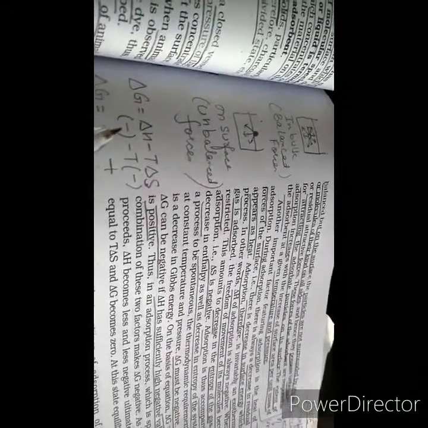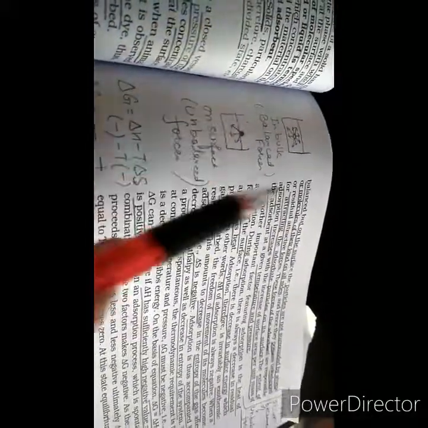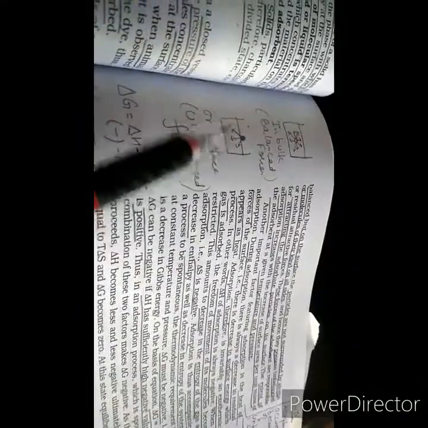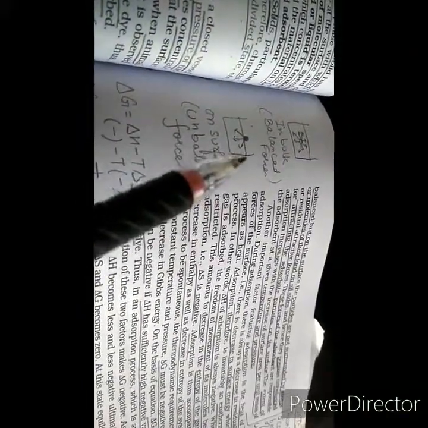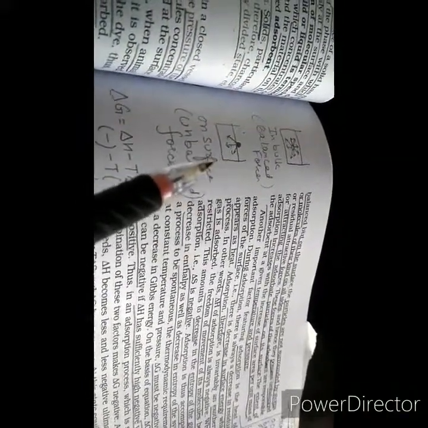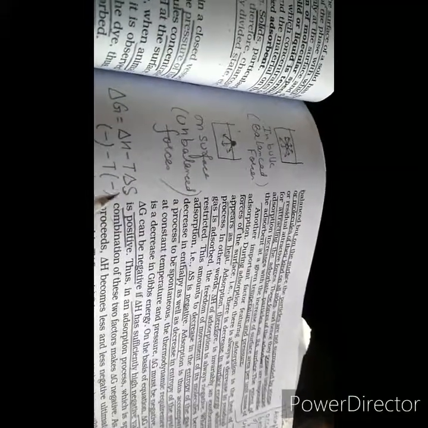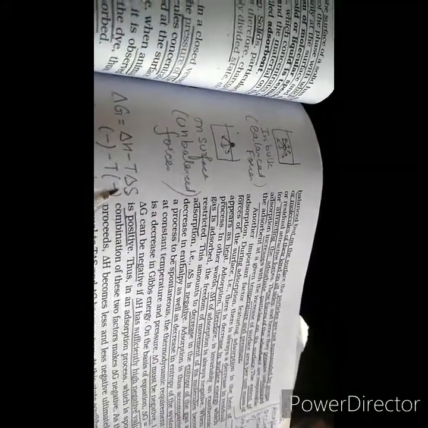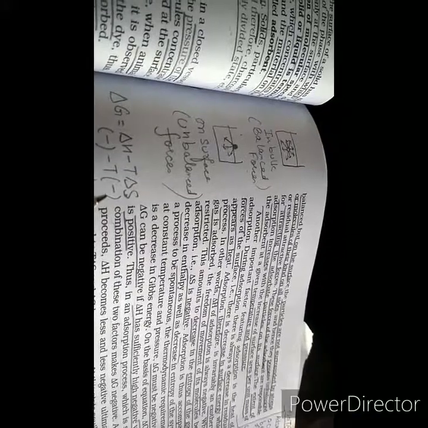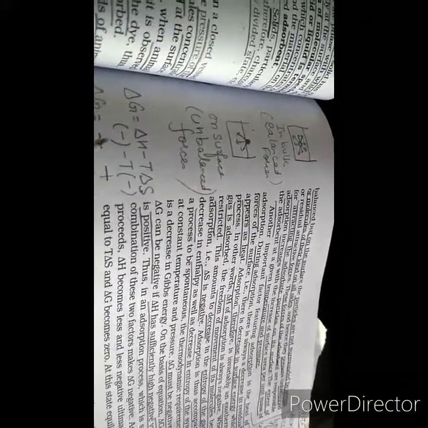And you know, when the heat comes out of the system, delta H is negative. Also, when particles are moving here and there and settle on the surface, their disorder, their randomness decreases, and whenever there is a decrease in randomness, delta S becomes negative. Now you can say here that this is for delta H and this T delta S is positive.